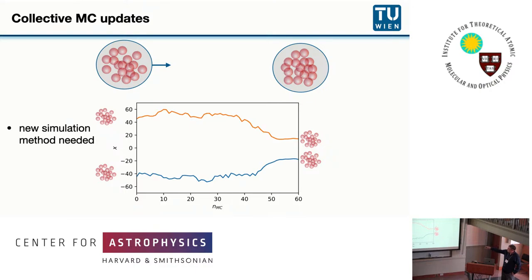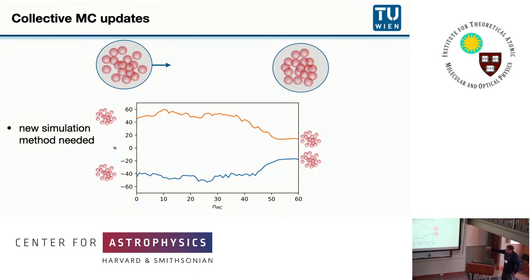So now if you start from a state that really has two separated droplets, you can clearly assign a group to one cluster and another group to another cluster, and then allow in the Monte Carlo simulations collective steps where we move all of them, and check for the energy.